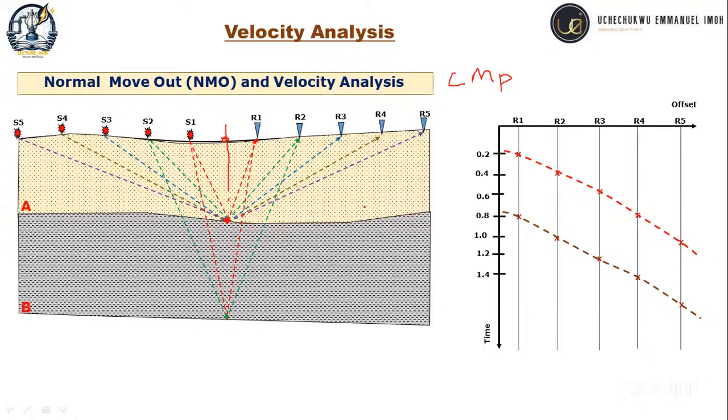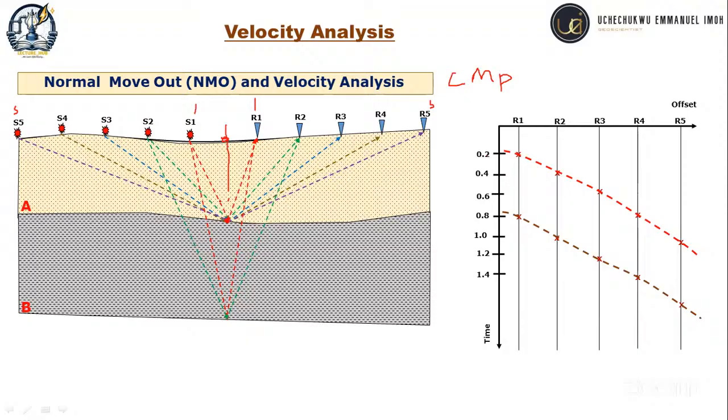The result in your CMP will look like the result in your shot data because at the end of the day, you also have hyperbolic shapes. If you are to record this in terms of arrival time to these different receivers, like the previous assignment I gave you, you can see that the shot points are increasing away from source 1 to source 5, and receiver 1 to receiver 5.